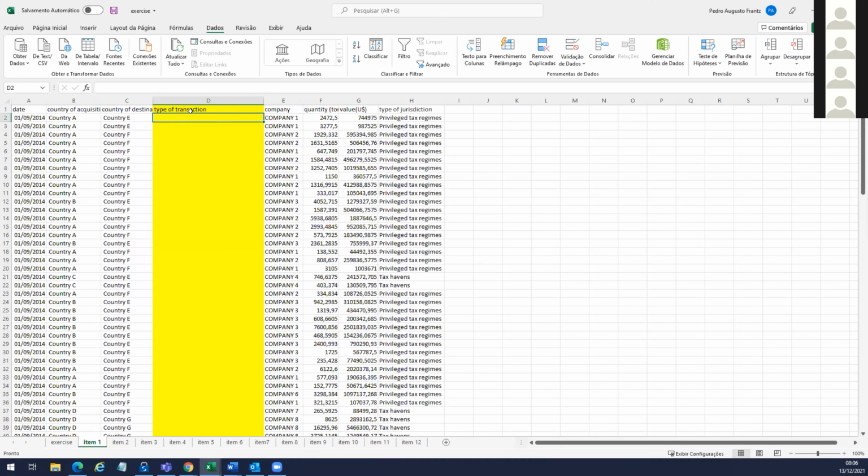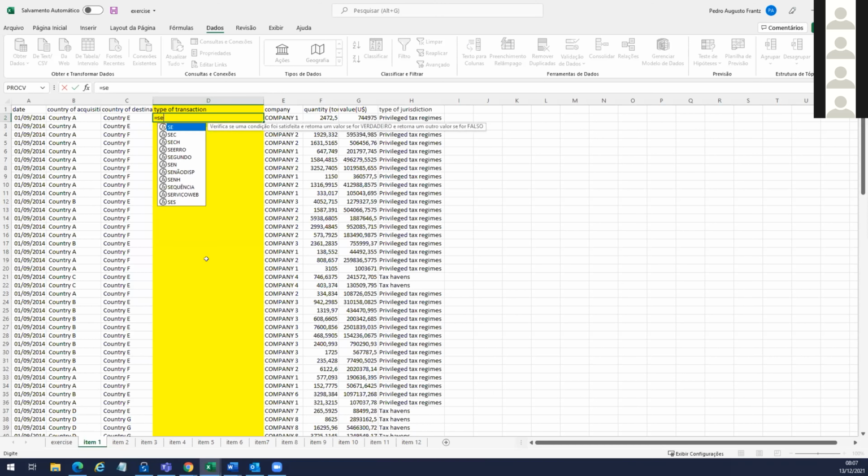I put my click in this cell, equal, and there is a formula. I'm sorry, my Excel is in Portuguese, so I will use formulas in Portuguese, but I will translate them to English for you. The formula in English is IF, but I will put it in Portuguese, SE.